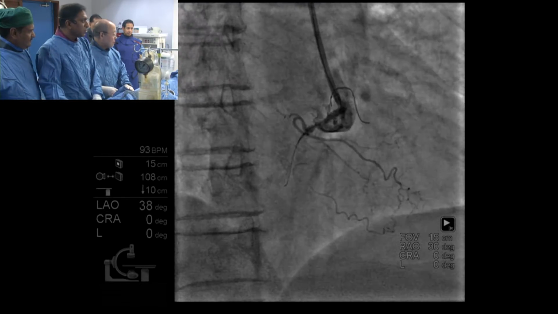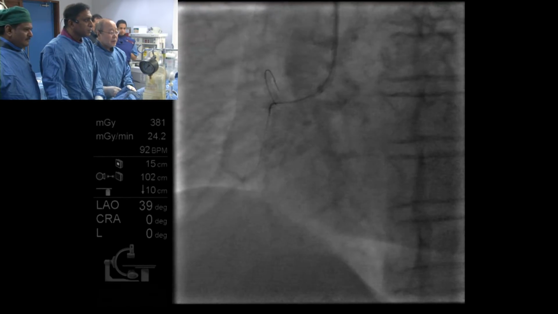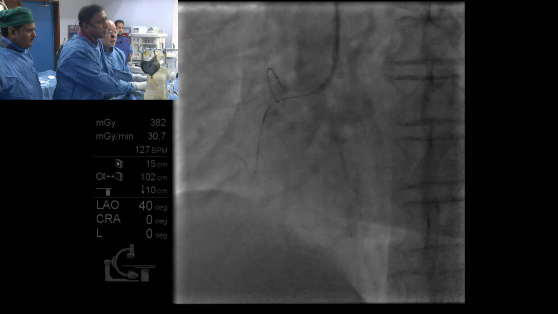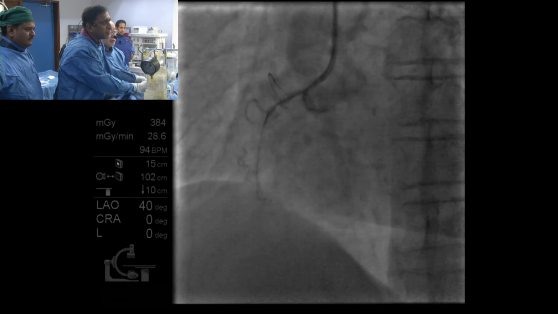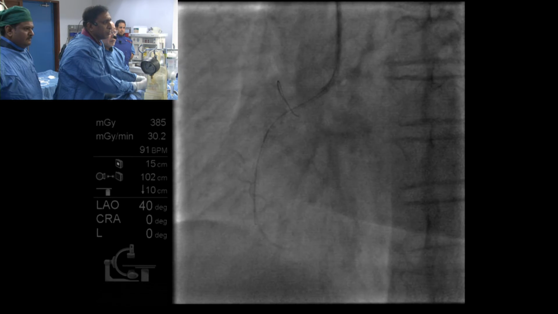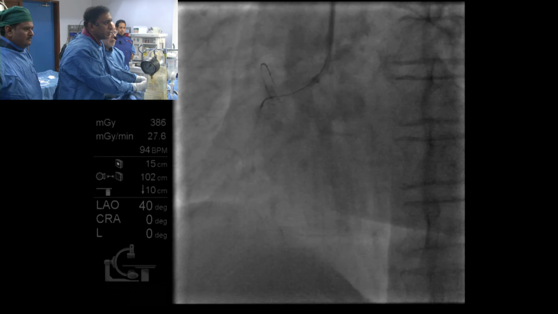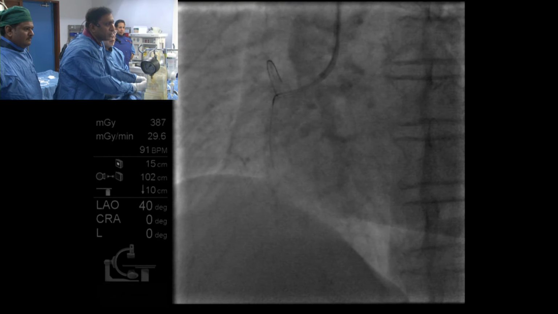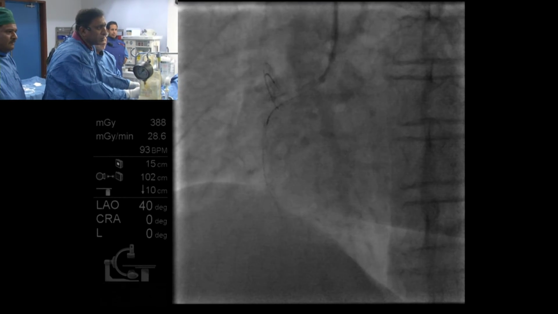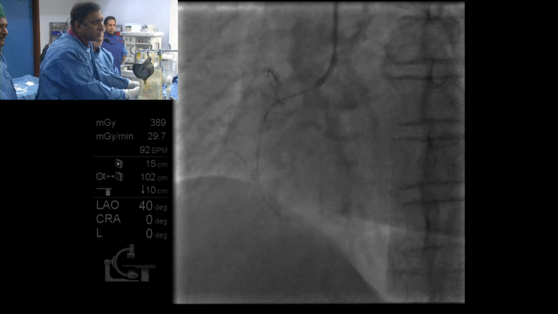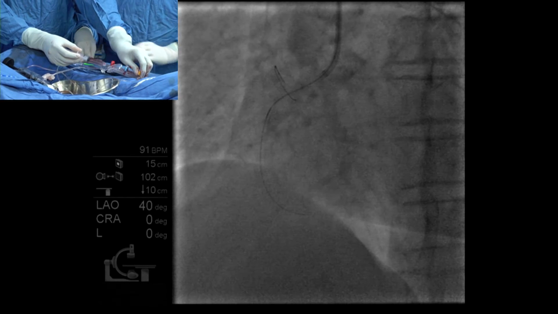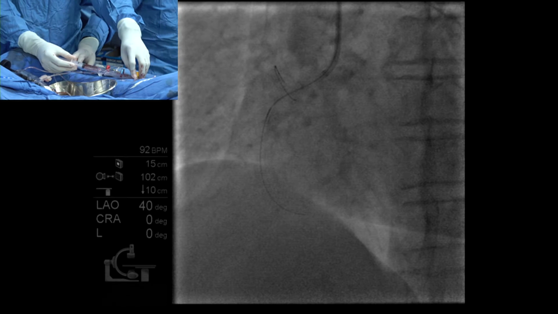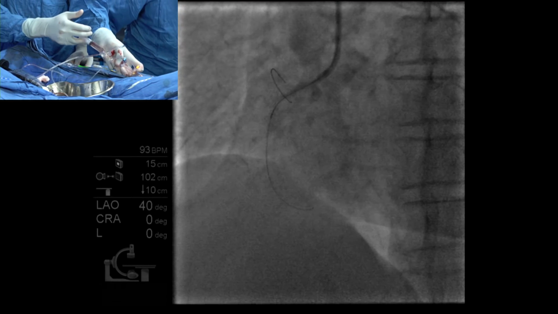Okay. Deep movement is good. It looks good. I'm not sure. Okay, take a picture.